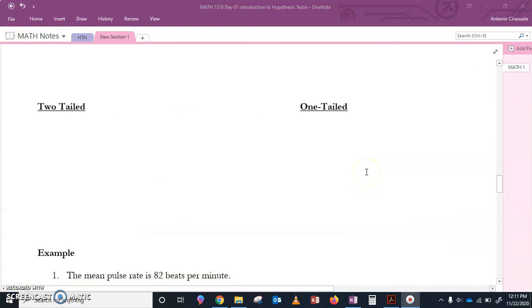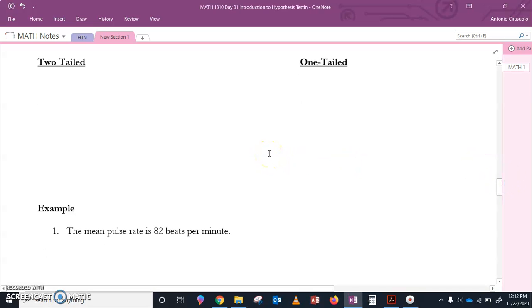Next, let's talk about this idea of one tail versus two tail. So the process is always going to be the same. Suppose we had a situation where we had a two-tail graph, and this shouldn't be new to you, but what does that really mean? It means that we have two tails in our normal curve.